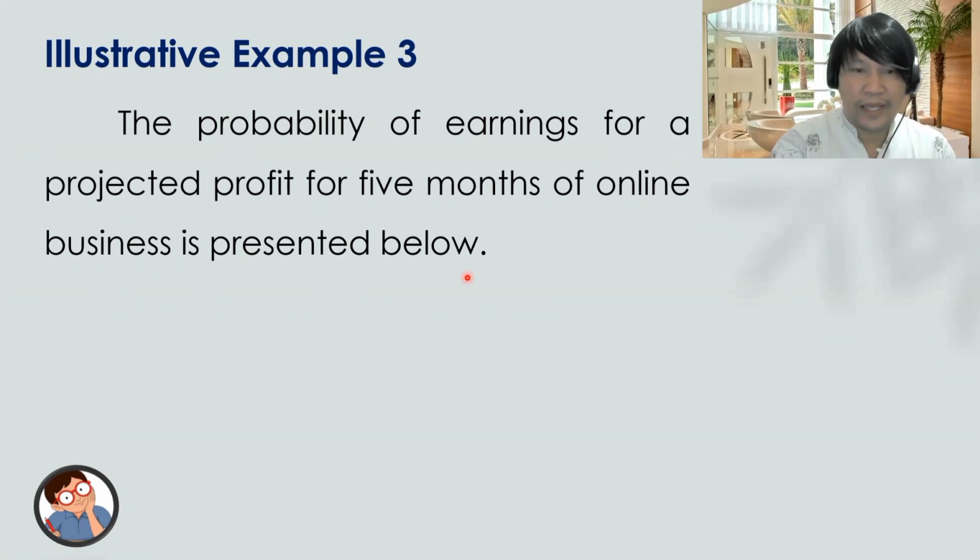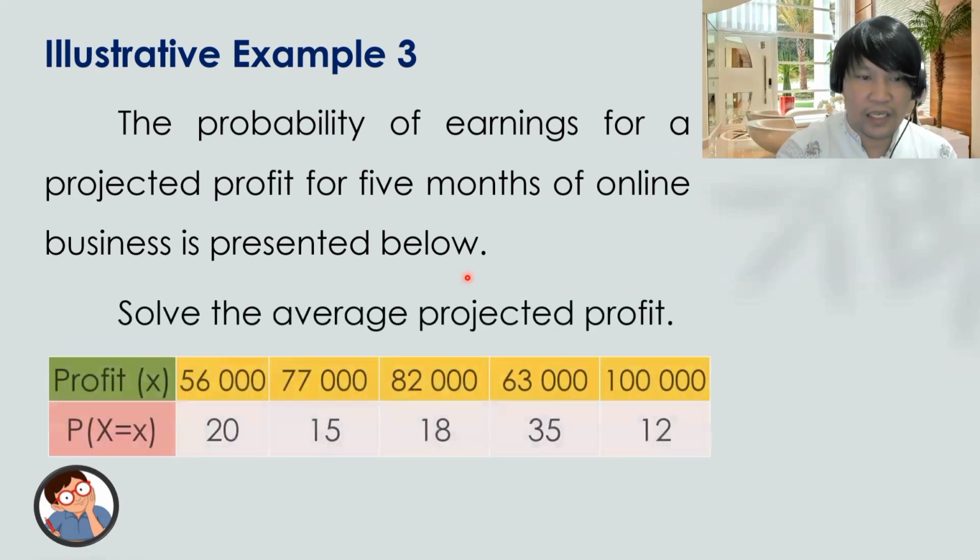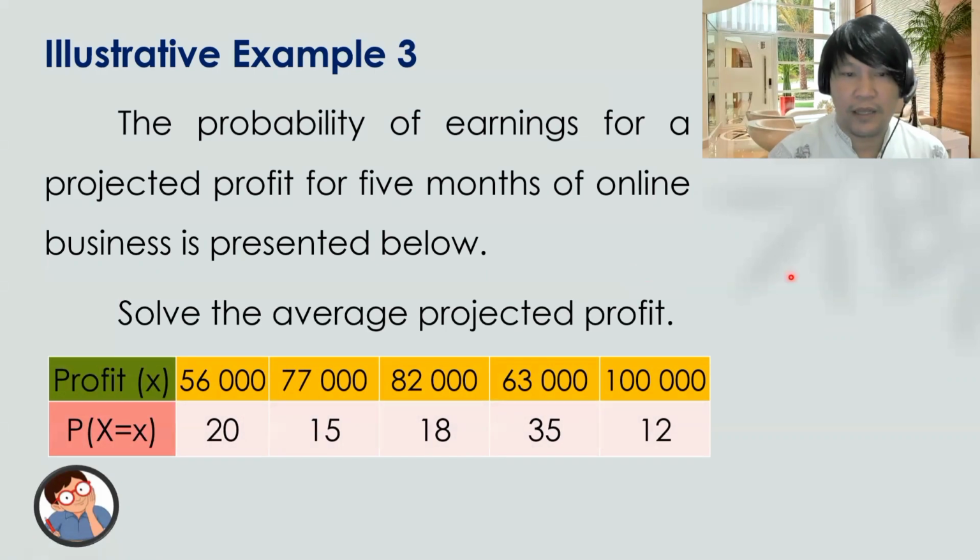Okay. Now, in this case, here is the given projected profit, or the average projected profit, for the given 5 months of online business. Okay. I repeat, the probability of earnings for a projected profit for 5 months of online business is presented below. Solve the average projected profit.